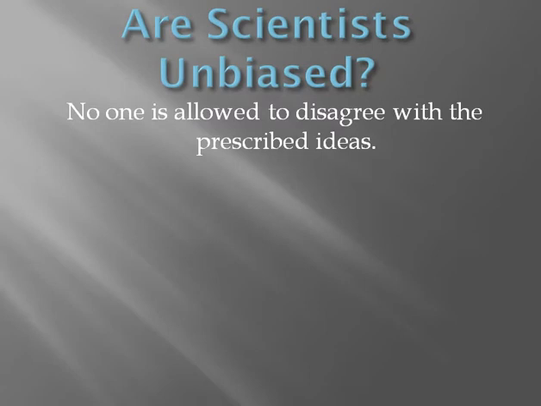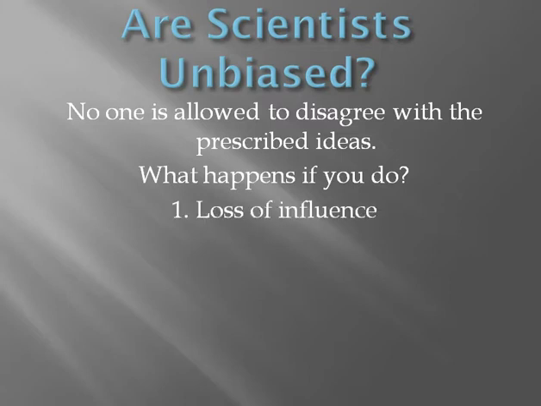First of all, we see that no one is allowed to disagree with the prescribed ideas. And of course, the prescribed ideas today are the ideas that back up the theory of evolution. Now, what happens if you do disagree? Number one is loss of influence.